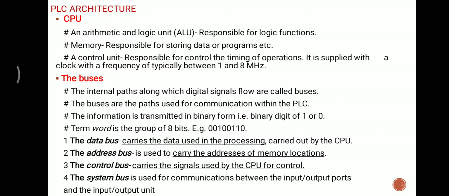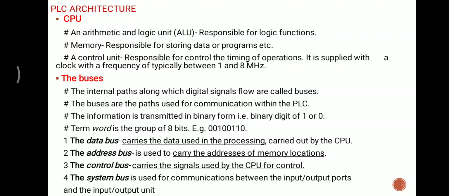A control unit is responsible for controlling the timing of operation, and this timing is supplied by the clock with a frequency of typically between 1 to 8 megahertz. So the clock is provided into the CPU based on the frequency, and depending upon that frequency the CPU controls the actions in the PLC.